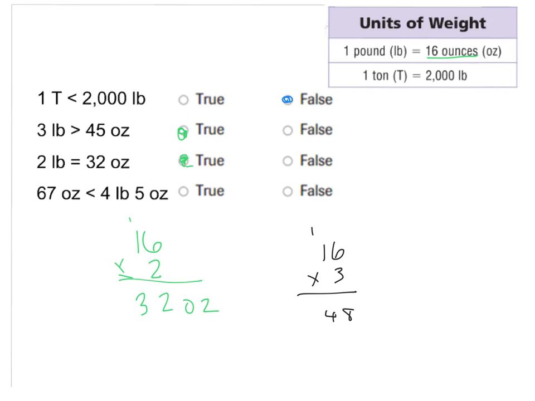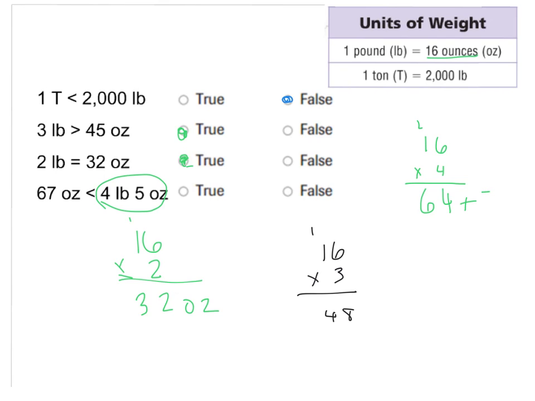Now the last one says 67 ounces is less than 4 pounds and 5 ounces. For this, you should have probably converted all of this to ounces only. So I know 4 pounds and 5 ounces. Well, first of all, I want to multiply 16 ounces times 4 to get how many ounces are in 4 pounds. And I can see that that would equal 64 ounces.